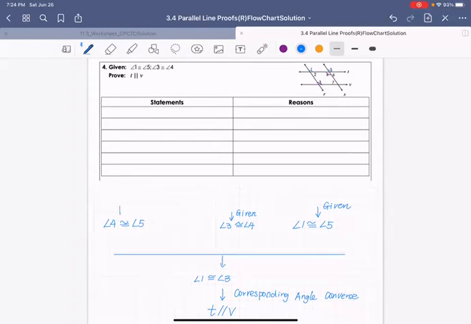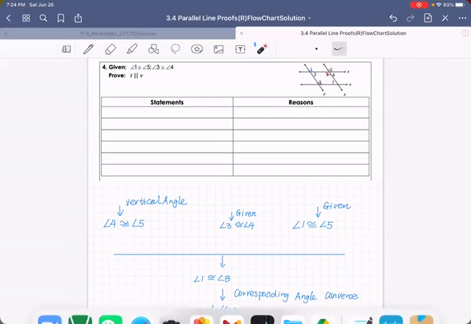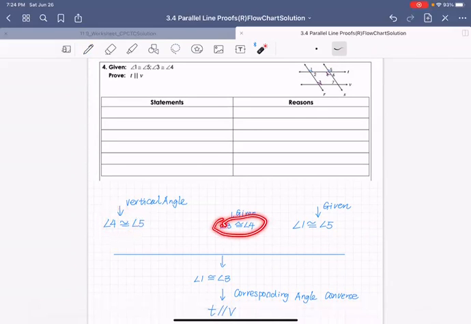This is because of vertical angle. Angle 3 congruent to angle 4. Angle 1 congruent to angle 5. So 4 here equal, 5 here equal. That shows that angle 1 and angle 3 equal, correct?